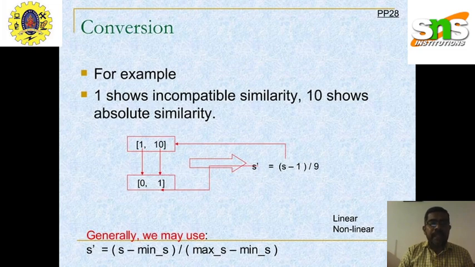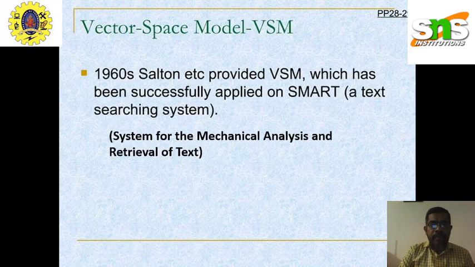If I say 10, then it returns 100% relevancy for my query. Generally we say S' equals S minus minimum of S, the whole divided by maximum of S minus minimum of S. So this is somewhat of a non-linear variety.